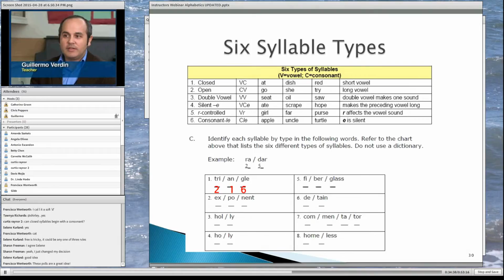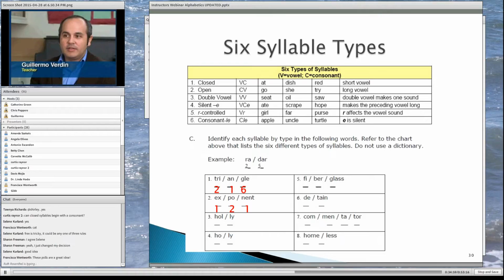Now look at exponent. Exponent. Closed, open, closed. Again, knowledge of syllable types, knowledge of word parts, so that they can decode the words quicker, more accurately, and the goal is for them to do it effortlessly.